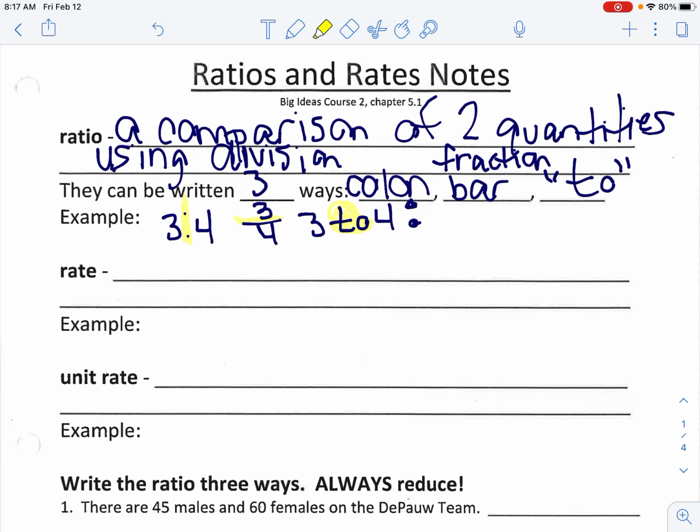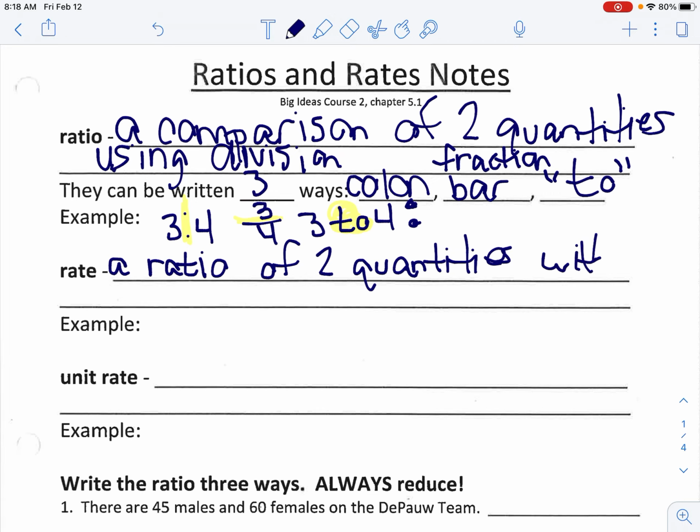All right, so what's the difference between a ratio and a rate? Next definition, a rate is a ratio of two quantities. So here comes the difference, with different units.